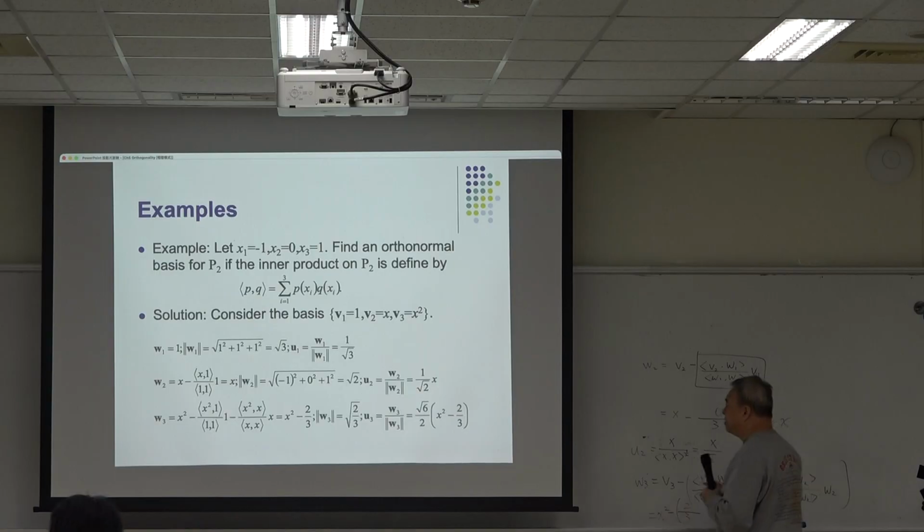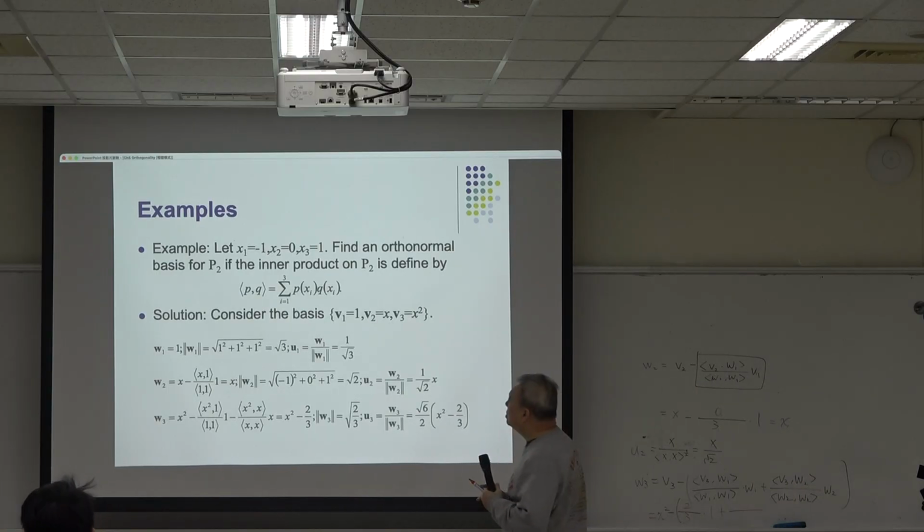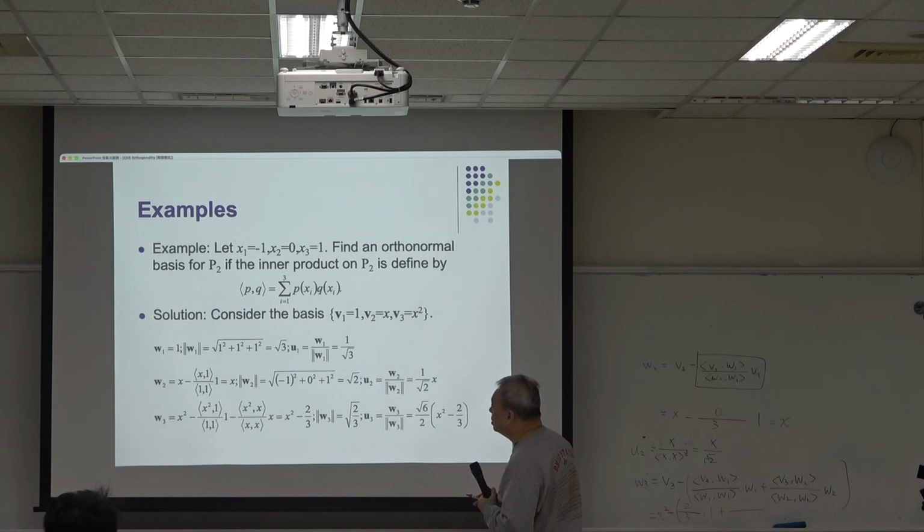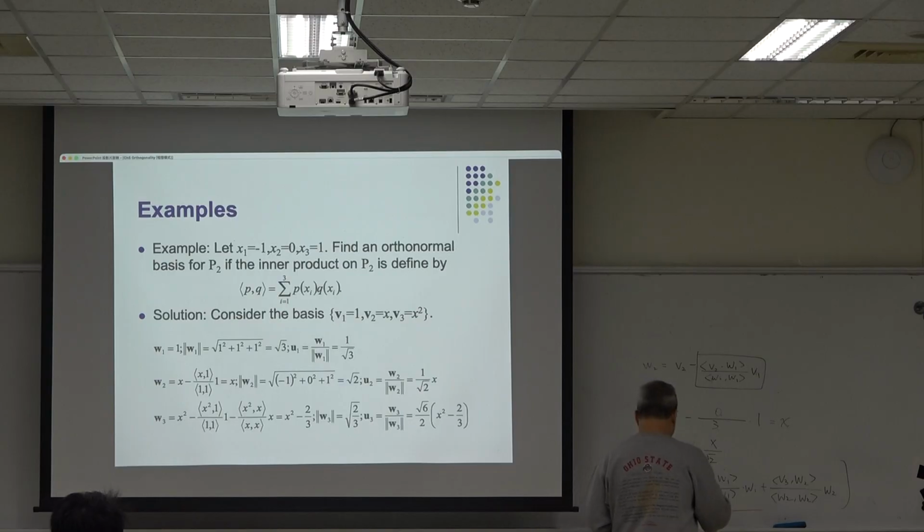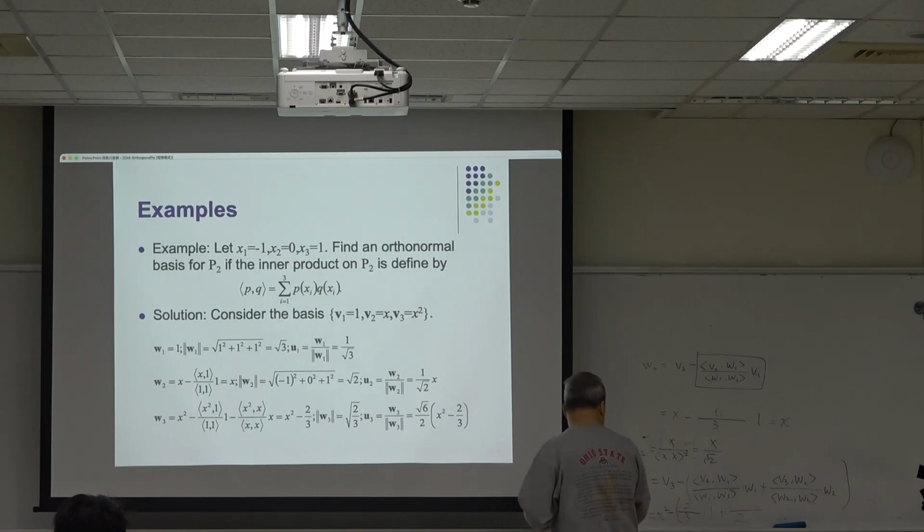W2 dot W2. W2 is x. Okay, so x dot x is, let's see, 2. Okay, and then D3 is x squared.